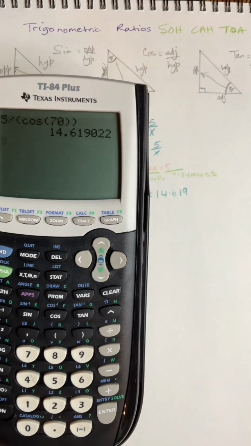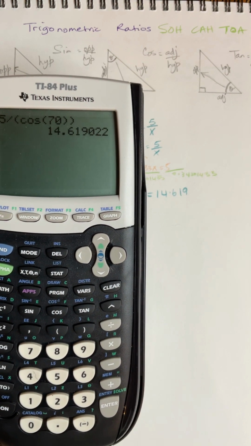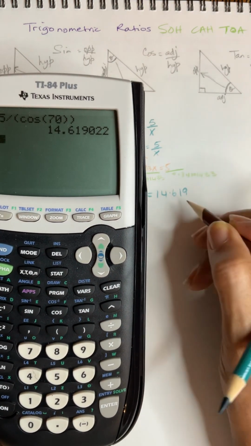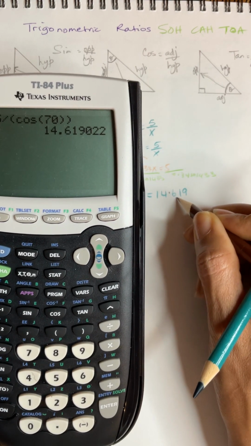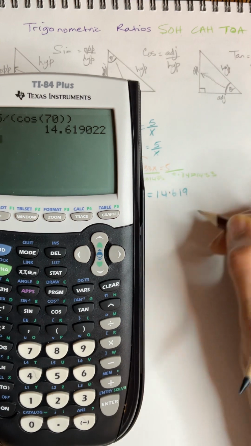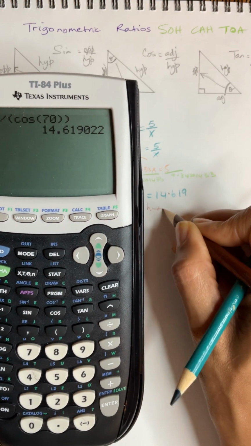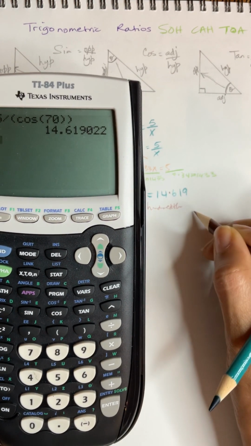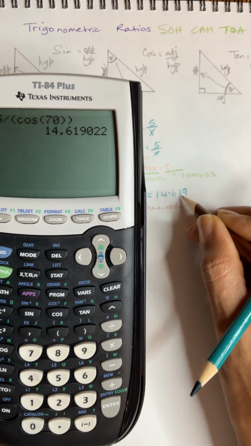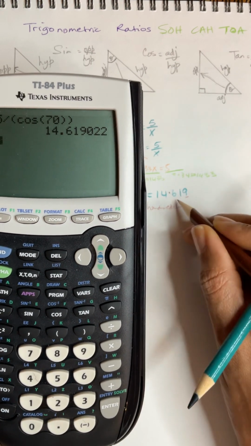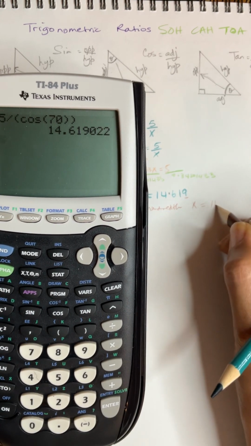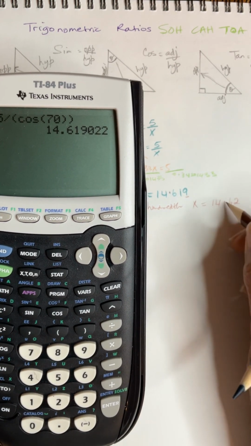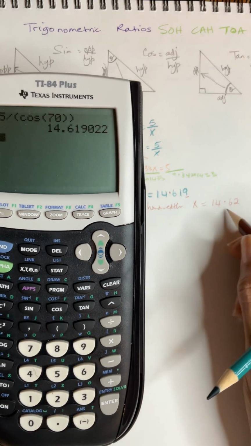Now, if they ask you to give it in, say, the 100th place, the 9 comes after. 9 is greater than 5, so x would be equal to 14.62. All right, and that was the value for x.